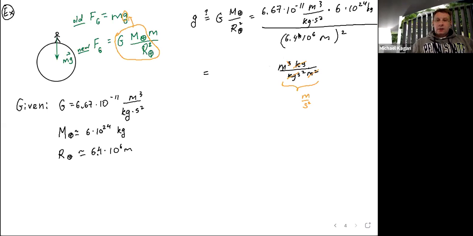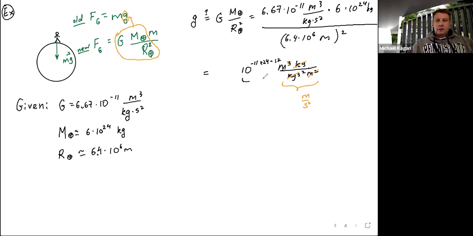Okay, so now the second thing you collect is powers of 10. So you have 10 to the negative 11 from the gravitational constant, plus 24 from the mass, and then negative 12 from the denominator.